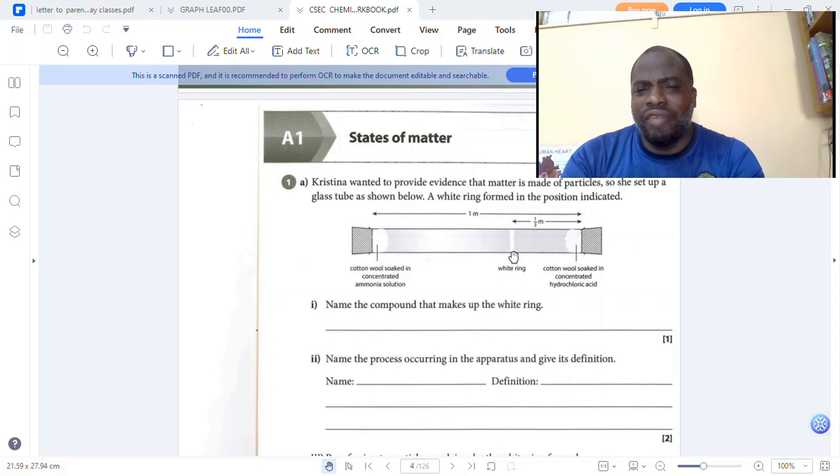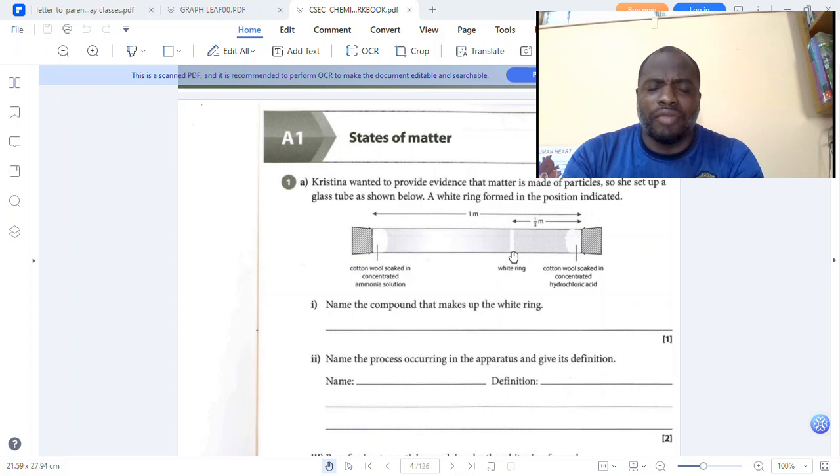Now while they're traveling, more than likely you would have had a reaction happening between the particles. As a matter of fact, that's the only way you will get that white ring. That white ring is formed due to the reaction between ammonia particles and hydrochloric acid particles.